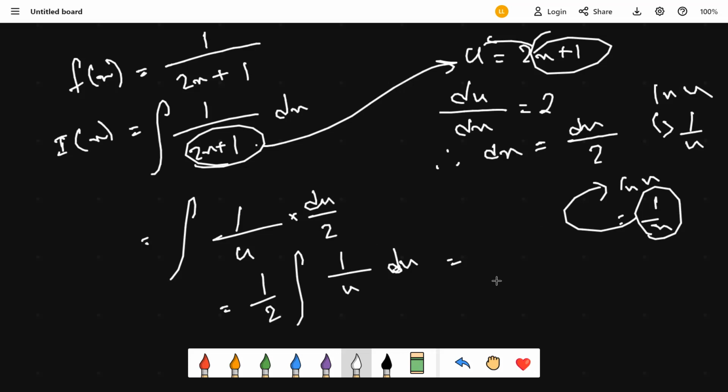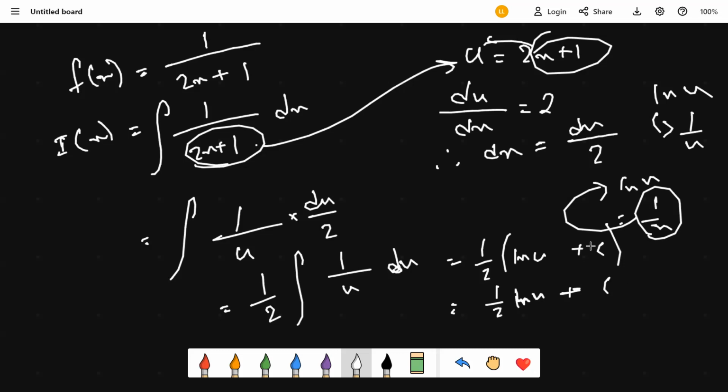We are integrating this 1 over u, so we should get ln of u, not x, rather u here. And we have a constant. Now breaking the bracket should give us half ln of u, and we have a half of c, which is basically another constant. So we can write a simple new constant here, c.